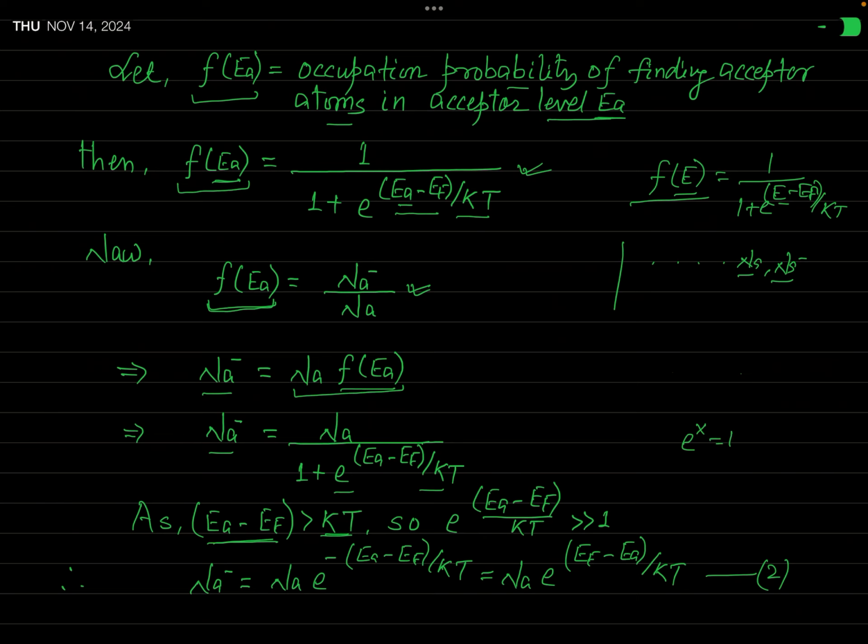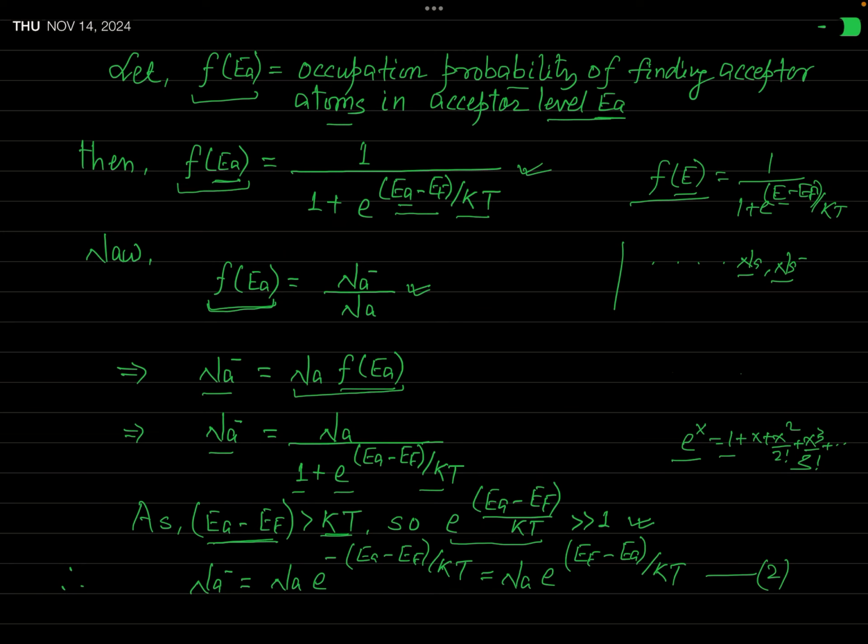If x is positive, you know e to the x is 1 plus x plus x square over 2 factorial plus x cube over 3 factorial and so on. So e to the power x will be much greater than 1. So in this condition, this exponential factor is much greater than 1, and so in the denominator, you can neglect this 1 in comparison to the exponential term.